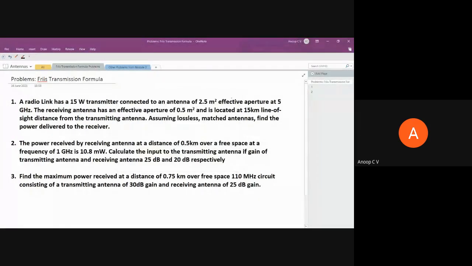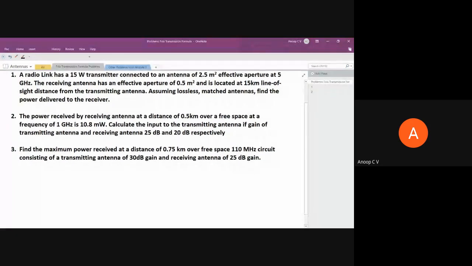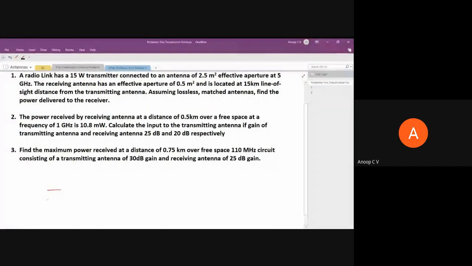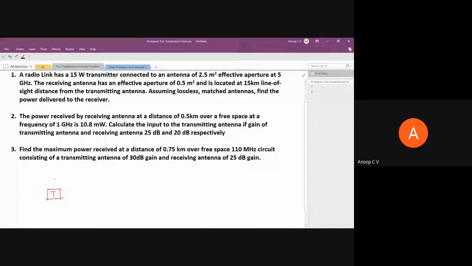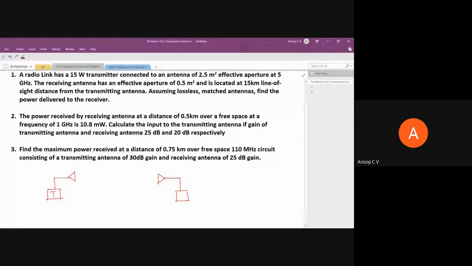These problems are there in Canvas. In the Friis transmission formula, you may have a transmitter and a transmitting antenna, and a receiver at some distance with a receiving antenna.